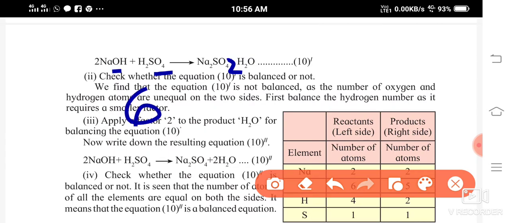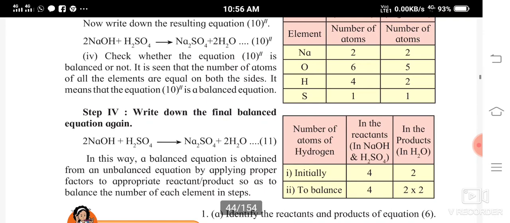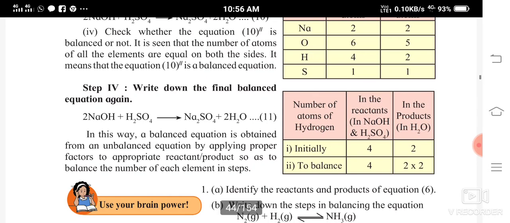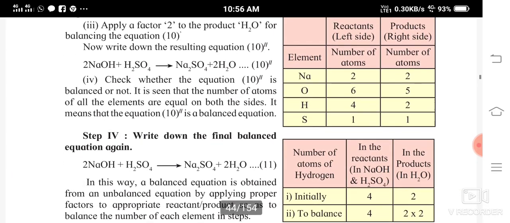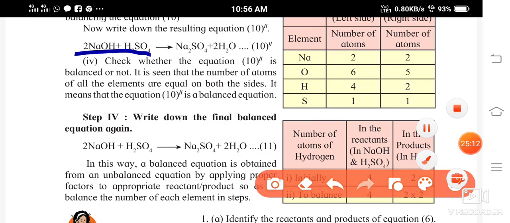Now see 2 atoms of oxygen here and 4 atoms of oxygen here, so oxygen also is balanced now. Yes, it is seen that the number of atoms of all the elements are equal on both the sides. Now you can see that all the atoms on left hand side and right hand side are balanced.